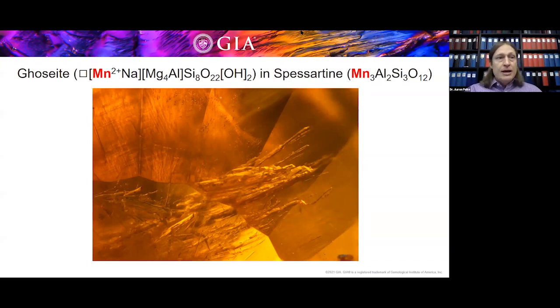I think they originally described it as tirodite, which is essentially the same thing here as gageite, but tirodite has since been discredited as a mineral name by the International Mineralogical Association, and so the proper name is probably gageite, but basically it's this manganese-rich amphibole.